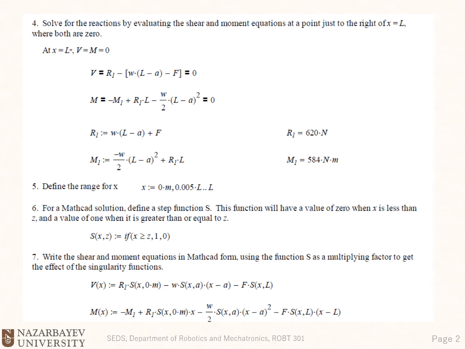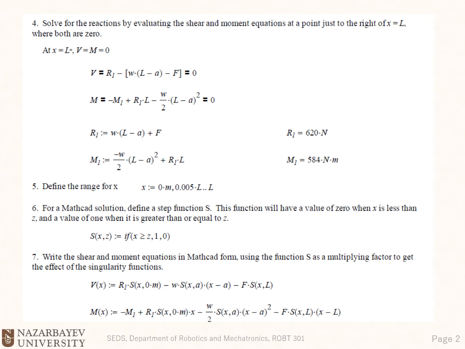That discussion is already covered during the lectures, but for a cantilever beam, this is one of the best conditions that could be used.